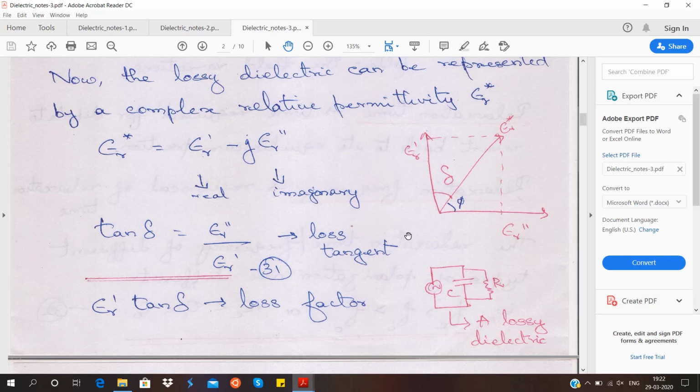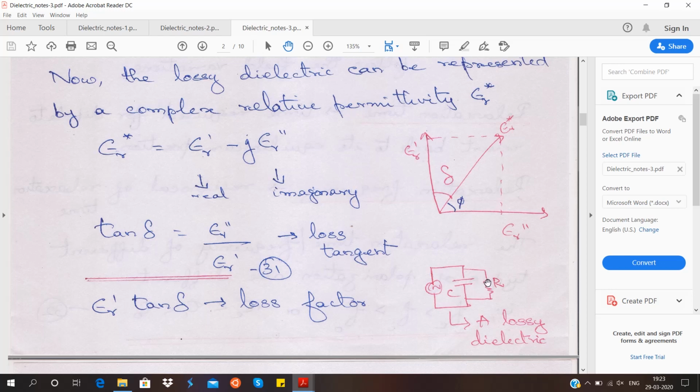So this is the loss tangent. Now if I multiply epsilon r prime by tan delta, I get epsilon r double prime, the real part. I will term this the loss factor. How much dielectric loss is happening is given by epsilon r prime into tan delta.